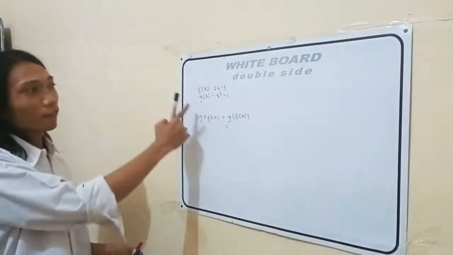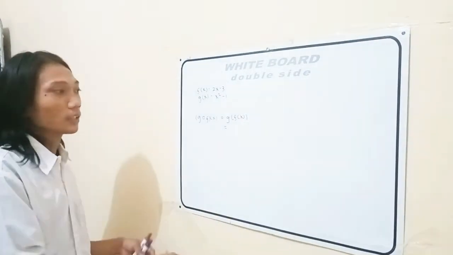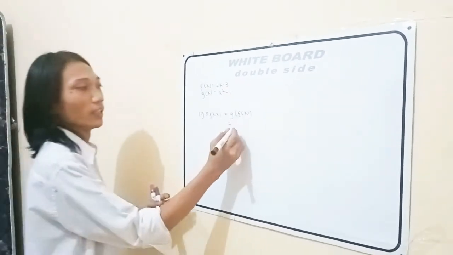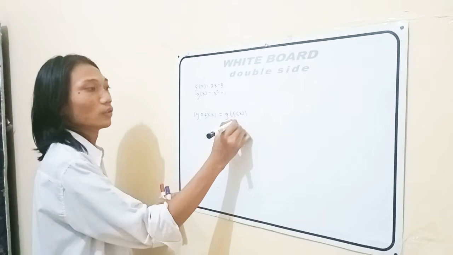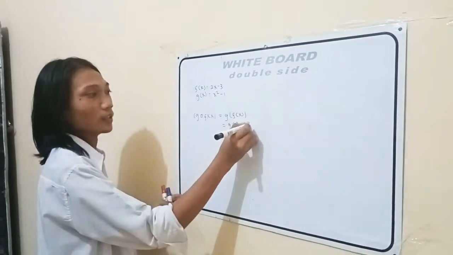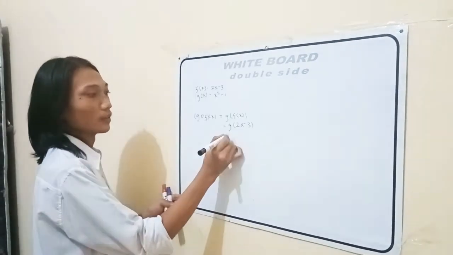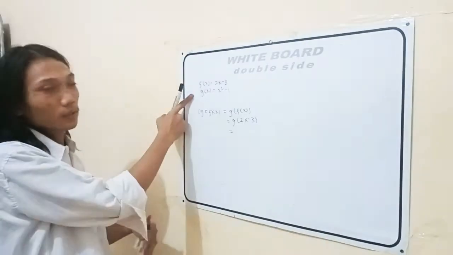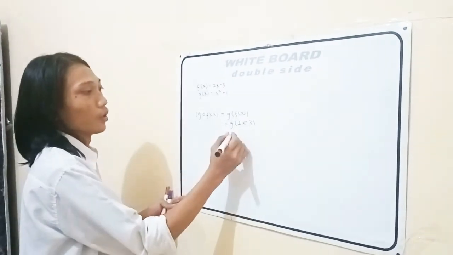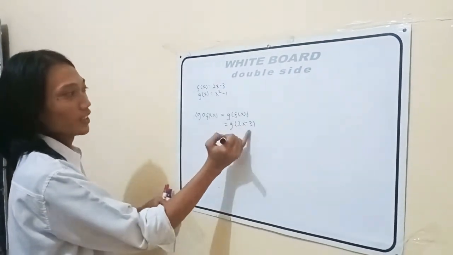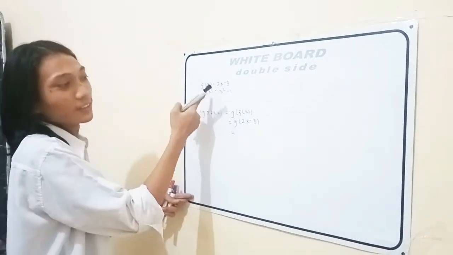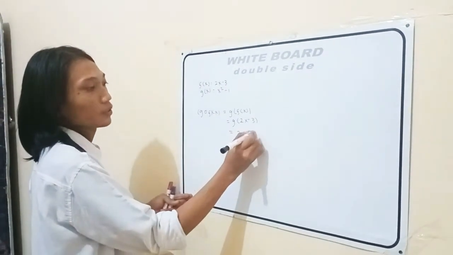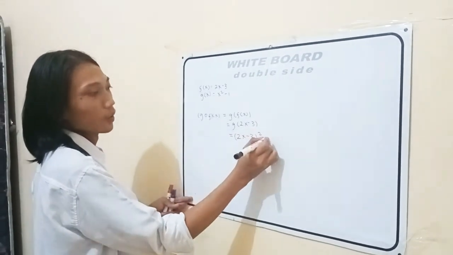Because f(x) is equal to 2x minus 3, we can substitute f(x) into g(f(x)), and then we get g(2x minus 3). Because g(x) is equal to x squared minus 1, we can substitute 2x minus 3 into variable x in g(x). So we get (2x minus 3) squared minus 1.